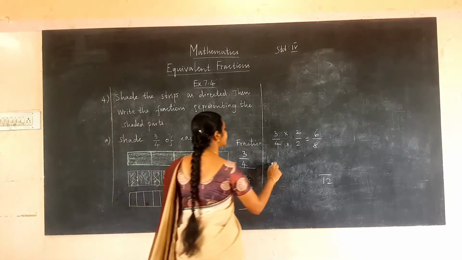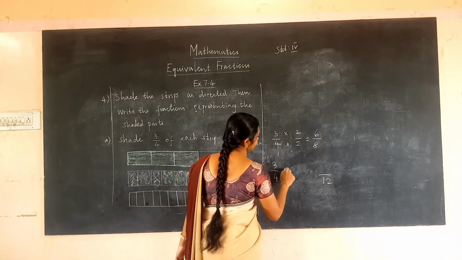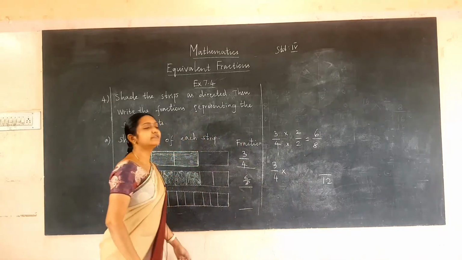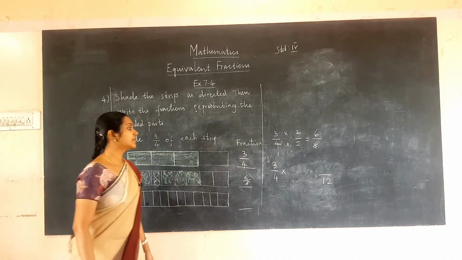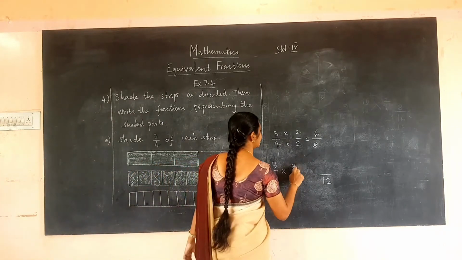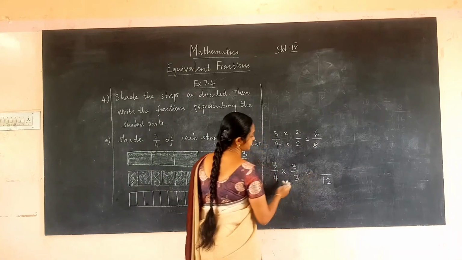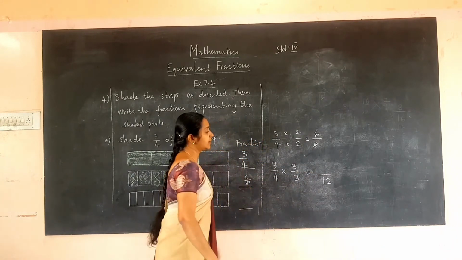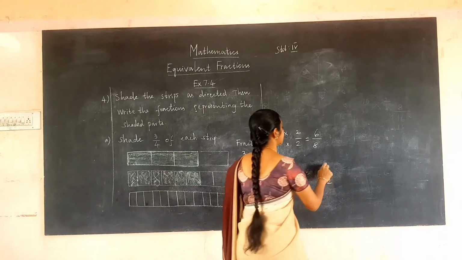So, we have to find the equivalent fraction of 3 by 4. In the denominator we must have 12. So, we have to multiply it by 3 to get 12. 4 3s are 12. 3 into 3 is 9.